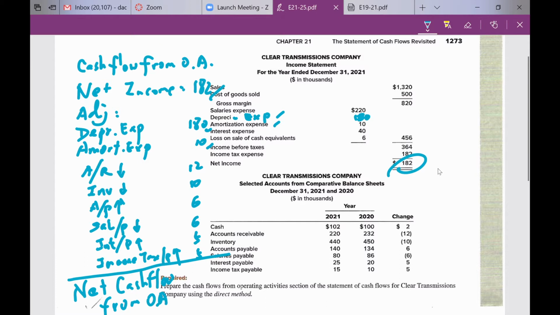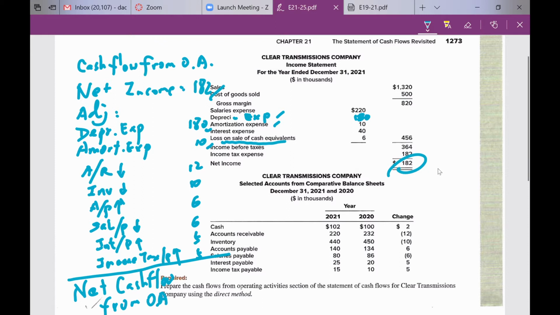Then we have the second type of adjustment, gains or losses. We don't have those, but we do have the loss on sales of cash equivalent. Remember, the loss on sales of cash equivalent is a cash flow activity. When you work on the direct method, you need to subtract that 6. This is a cash outflow, so total cash and cash equivalent will decrease by 6.